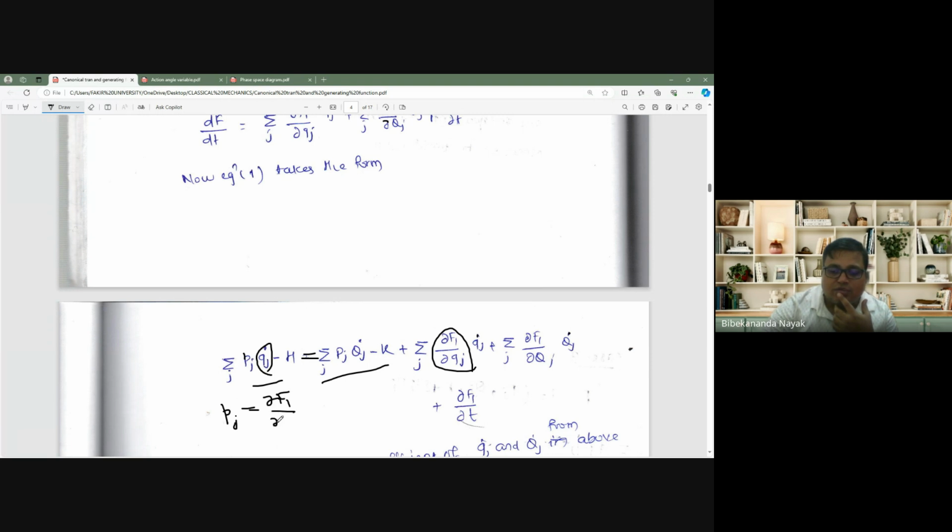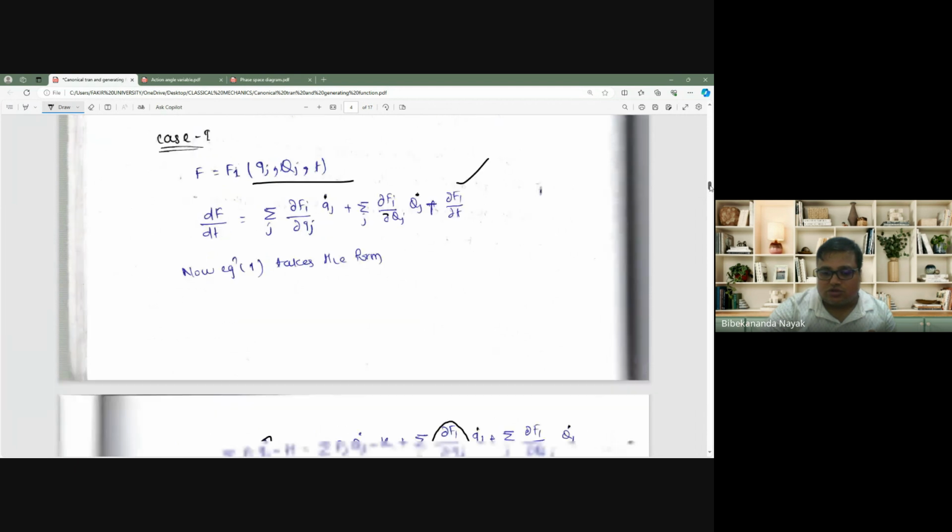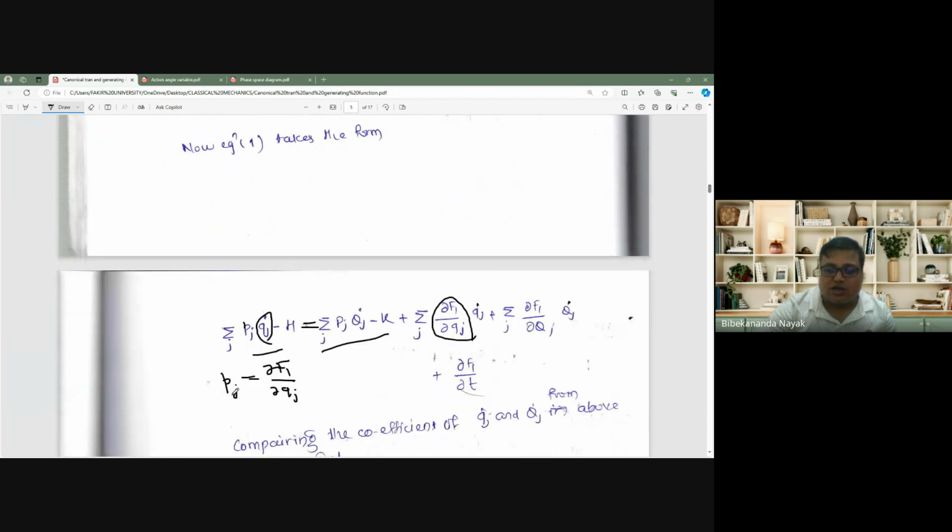Here F1 is a function of small qj and capital Qj, so the other two variables, small pj and capital Pj, will be derived from F1. Small pj is calculated as del F1 by del qj.